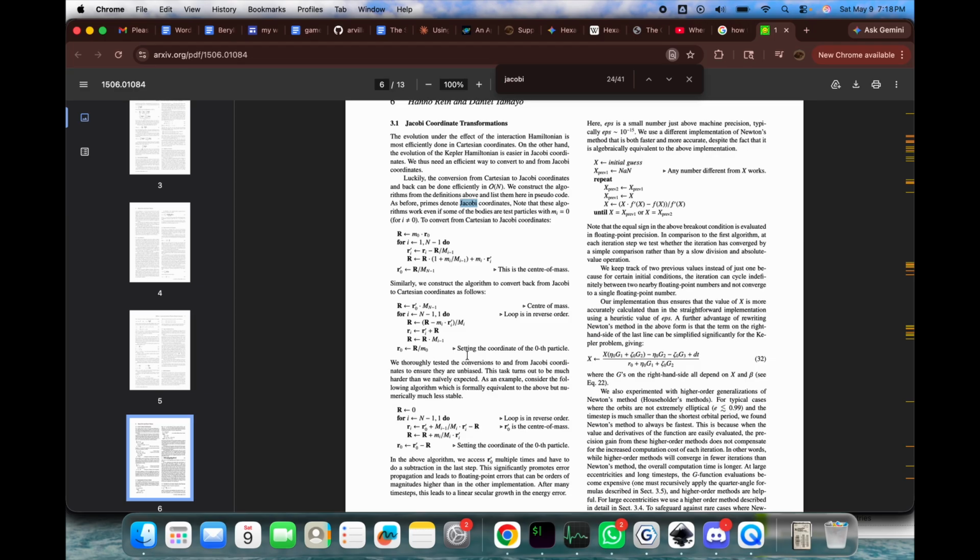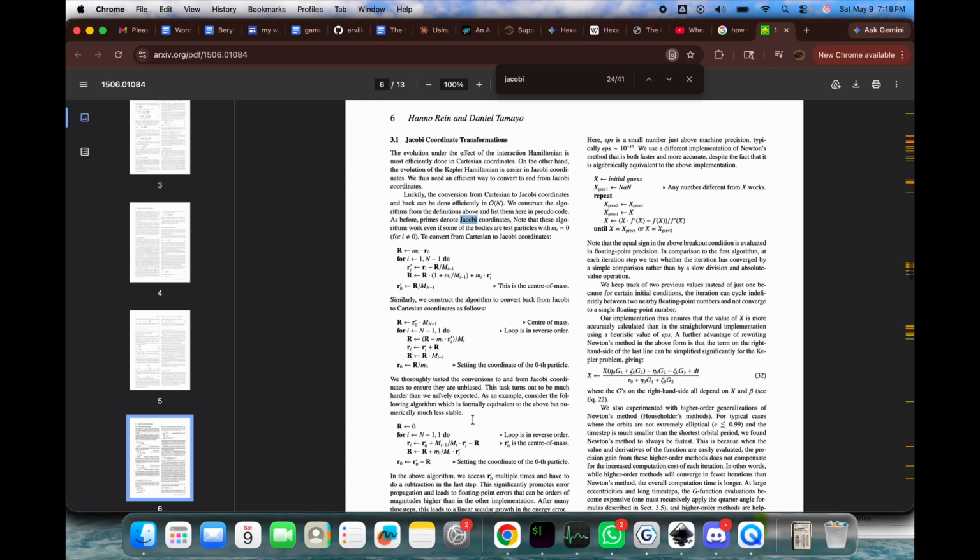We thoroughly tested the conversions to and from Jacobi coordinates to ensure they are unbiased. This task turns out to be much harder than we naively expected. As an example, consider the following algorithm, which is formally equivalent to the above but numerically much less stable. R0. For i to n-1 do.